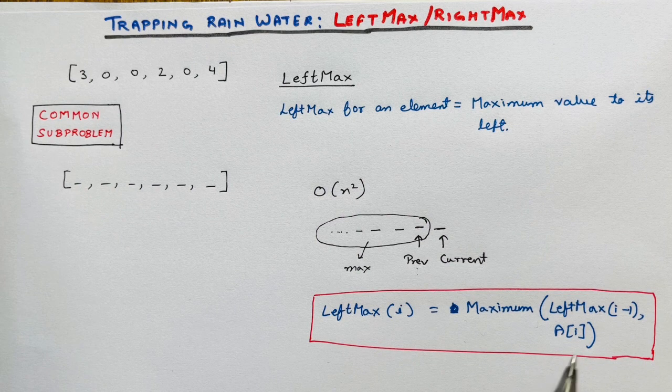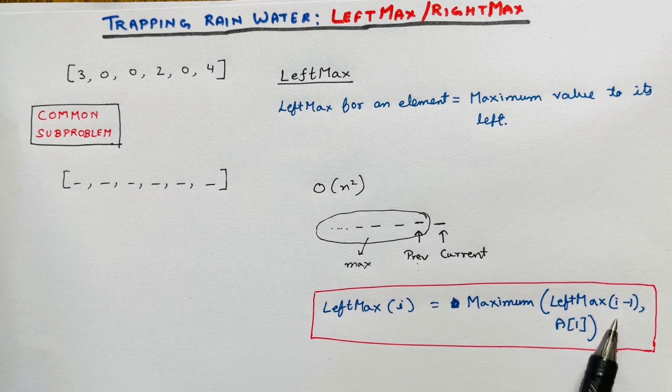That means if I know the left max at 0, I can calculate the left max at 1. If I know the left max at 1, I can calculate the left max at 2 and so on. Therefore, as I iterate over the array, I can keep filling the left max values.